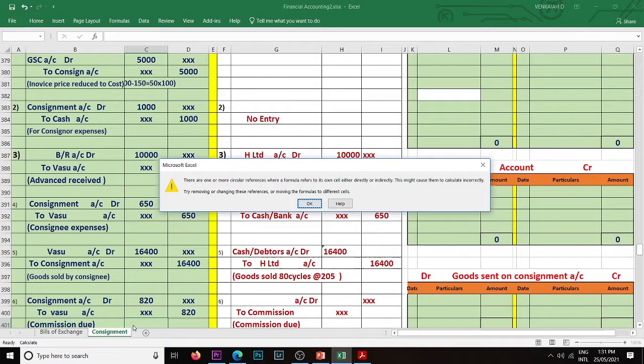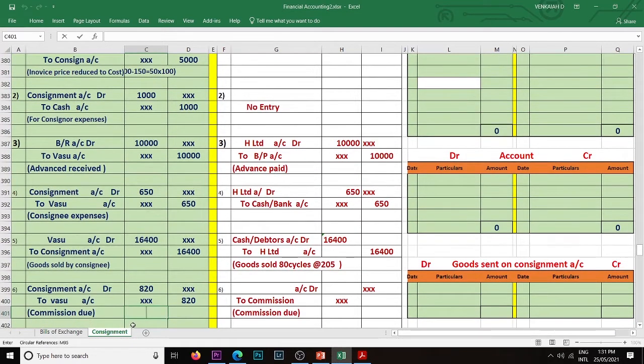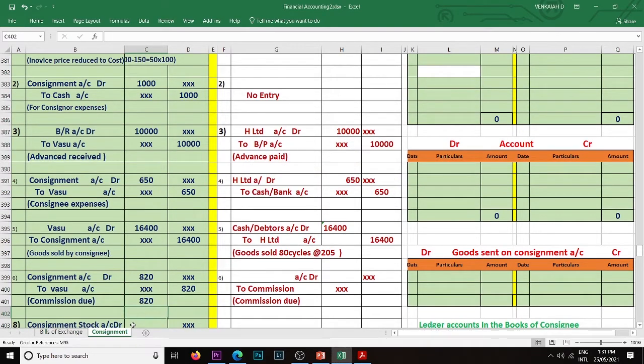You can check the calculation: 16,400 into 5%, 0.05. Correct? Right, correct. Here, consignor account debit to commission account. H Limited account debit to commission account. Amount is 820.